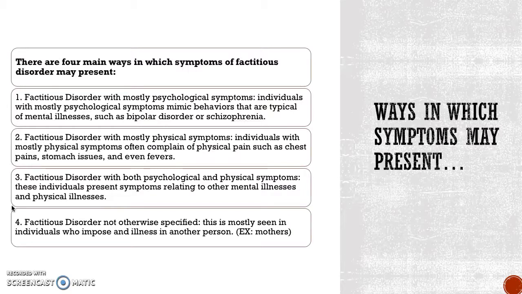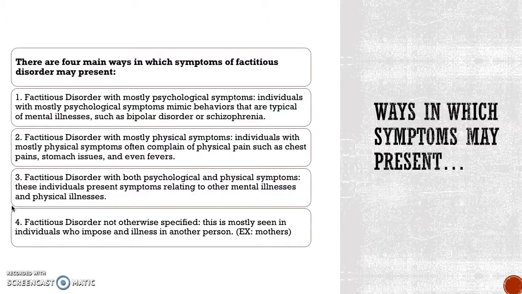So an individual with mostly psychological symptoms may feign hallucinations, delusions, and depressive episodes. Next, the condition can be presented as mostly physical symptoms. These physical symptoms can include chest pain, stomach issues, and even fevers.